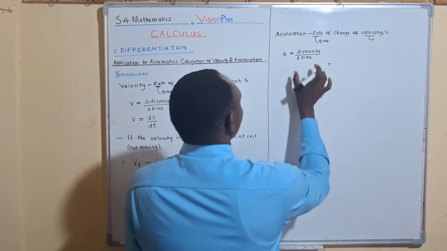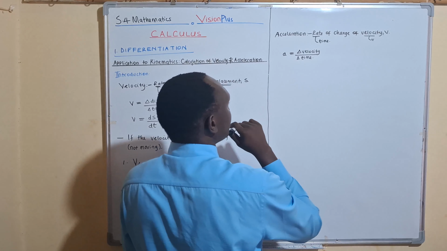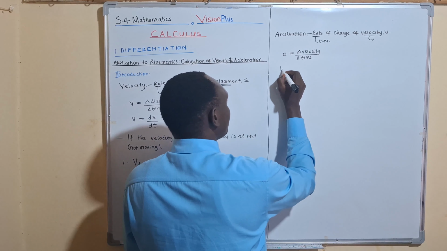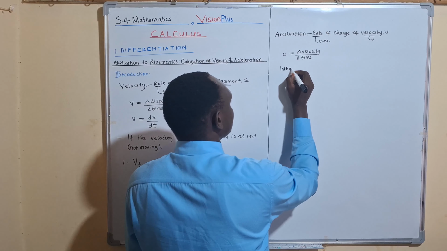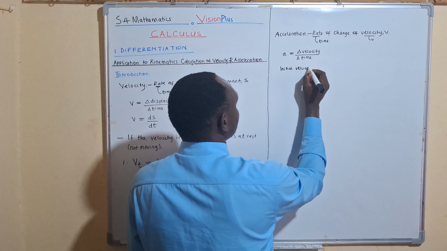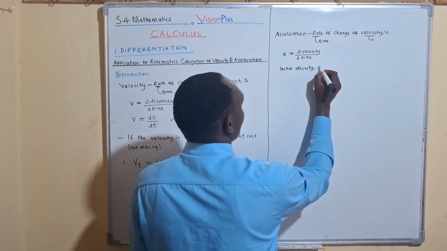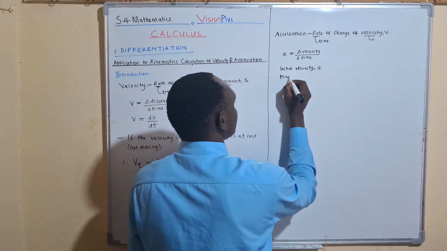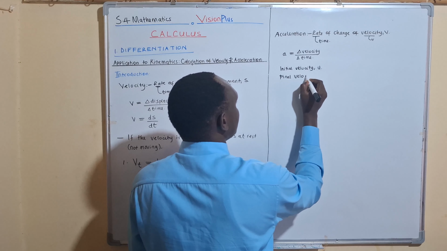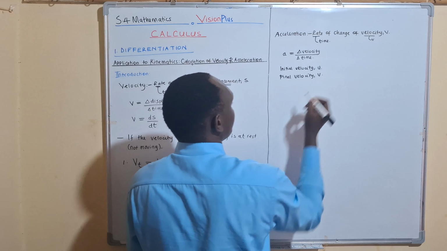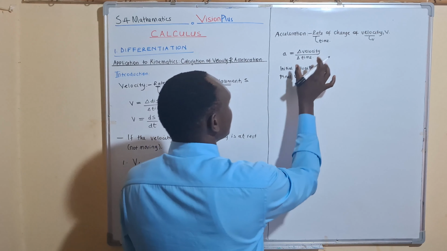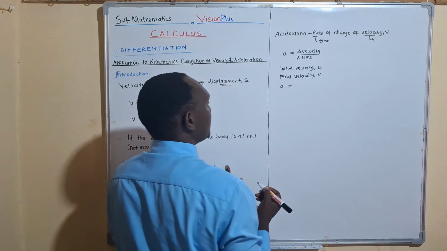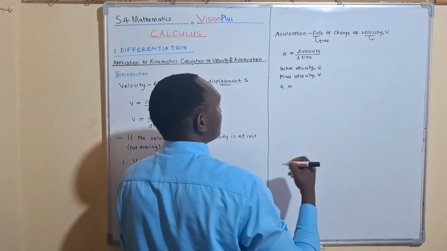Now, what does it mean here? How do we get the change in velocity? Now we know that the initial velocity is u, and the final velocity is denoted with v. Now we are saying the change in speed. That means acceleration is the change in velocity.